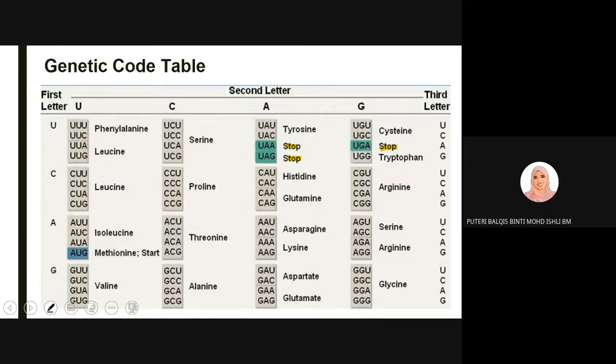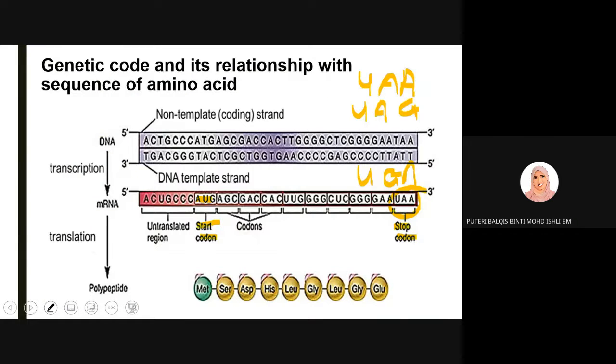For example, if you refer to this diagram, if you refer to this slide, so we have AUG. AUG is the start codon. So bila dia adalah start codon, we are going to read from this region.